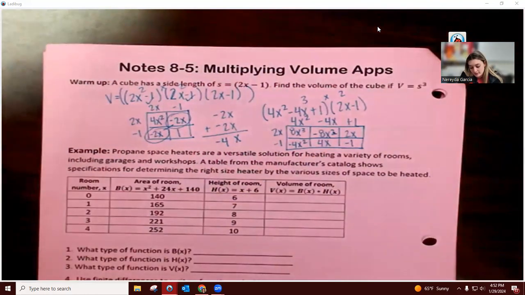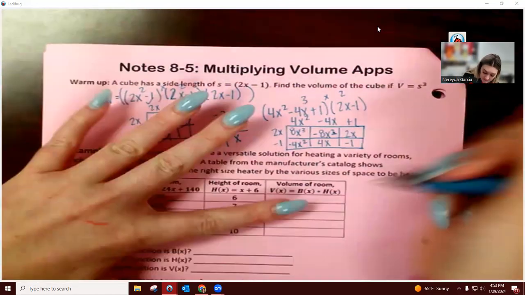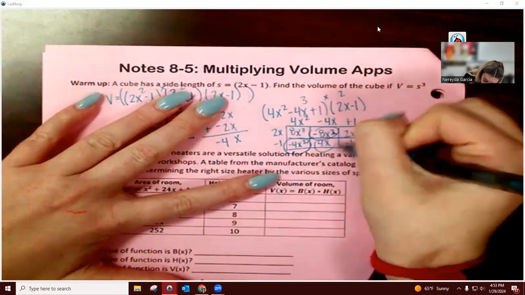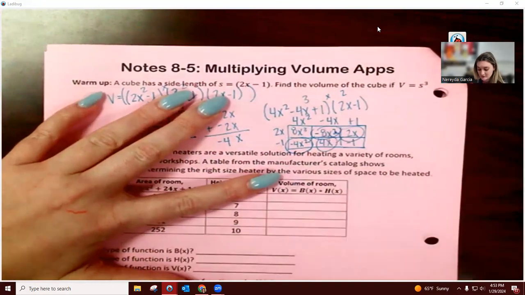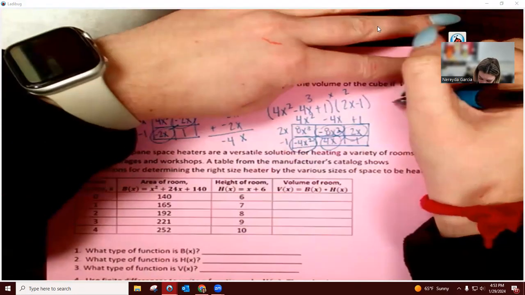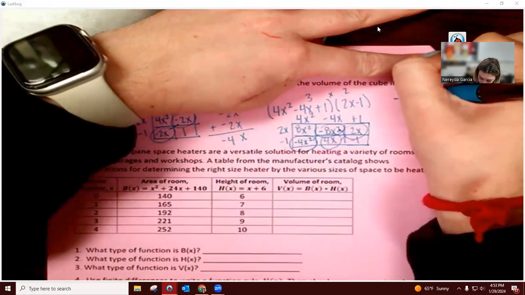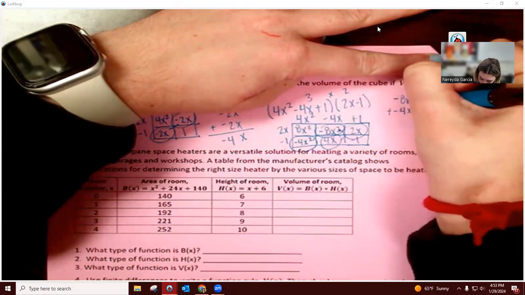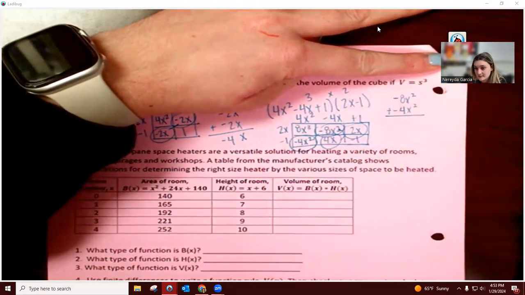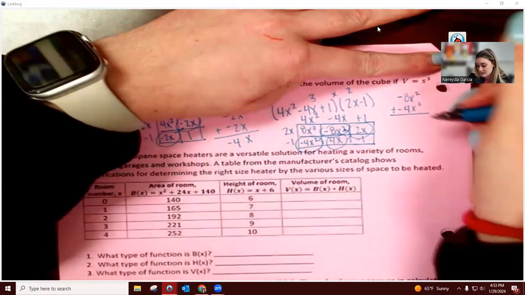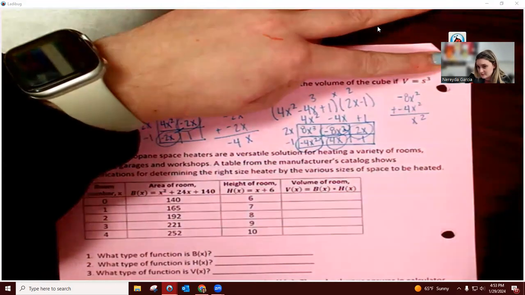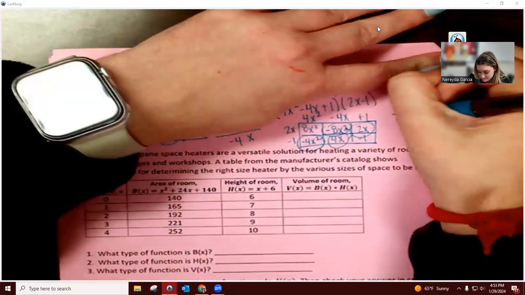Cool. So now I gotta combine my like terms. My x squares are the same, and my x's are the same. So I gotta go and add them over in the corner. I'm gonna say, hey, what is negative 8x squared plus negative 4x squared? Since I'm adding, I can drop my common terms of x squared. And negative 8 plus negative 4 is negative 12.